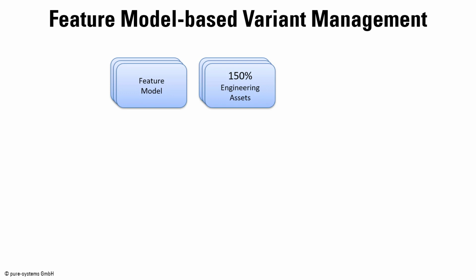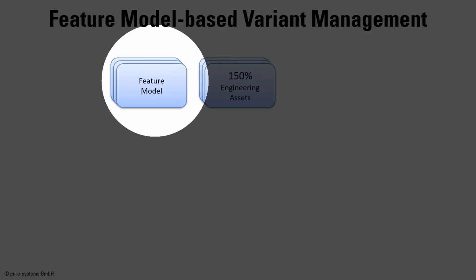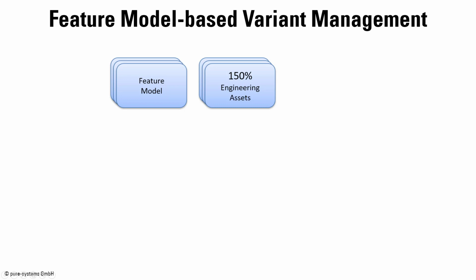And in the end, also the knowledge about interdependencies between those features is modeled explicitly into those feature models. So you can say your expert knowledge that is usually distributed across many heads, across many experts, is now made persistent and formalized in the feature model.